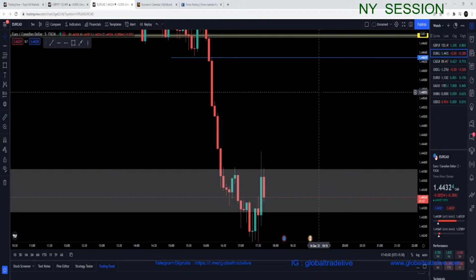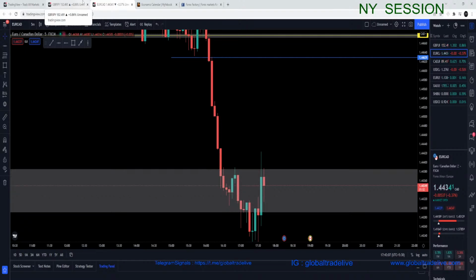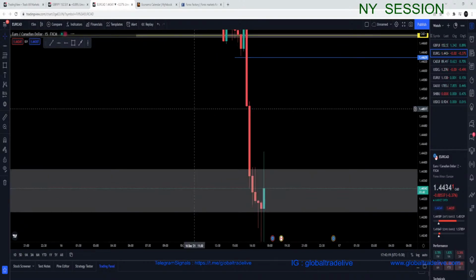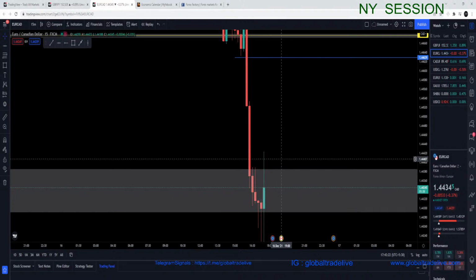The range is pretty good. Look, this candle went down inside the area. It's rejecting. 15 minutes is about to close in 1 minute.